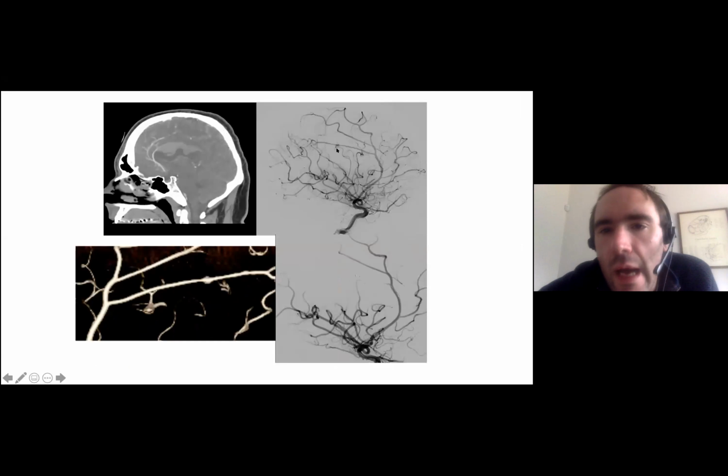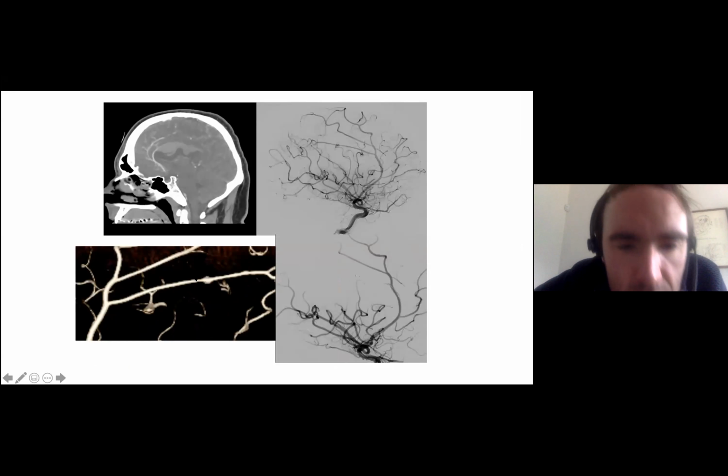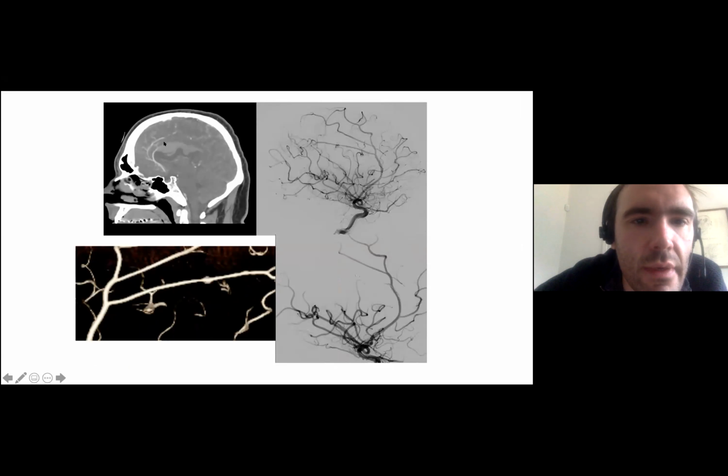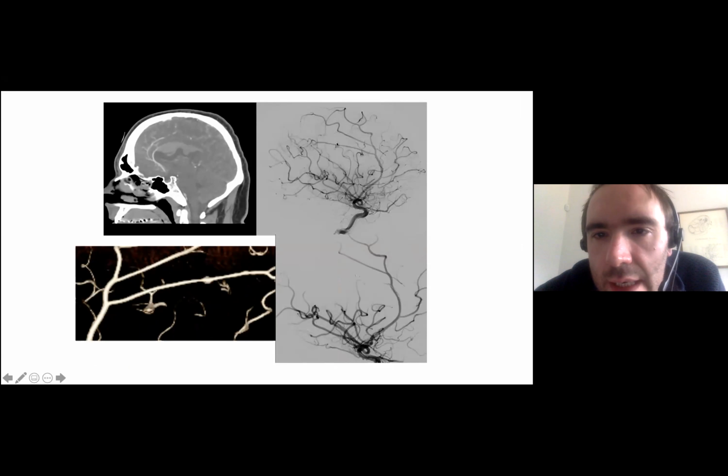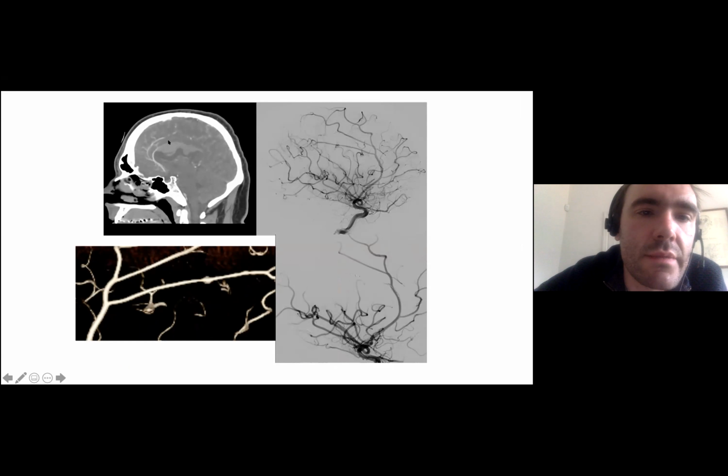The CTA, this is the CTA, though it's not showing the vessel, showed this tiny little fusiform aneurysm exactly on the pericallosal artery, and that was the reason why he'd had his bleed. You can see this again is near impossible to treat.